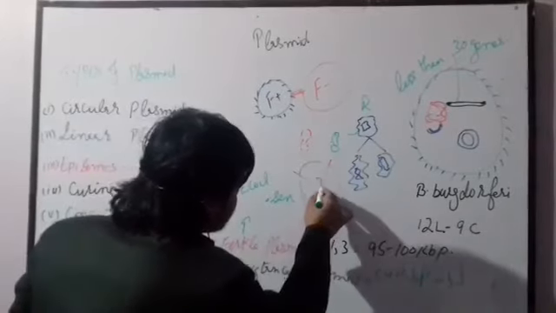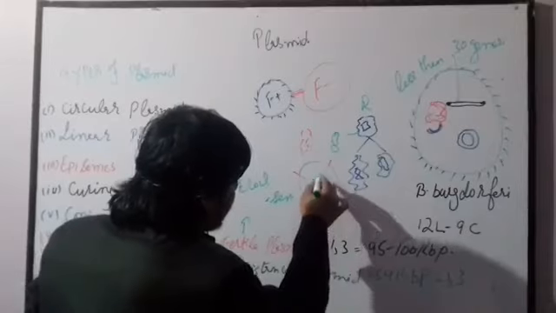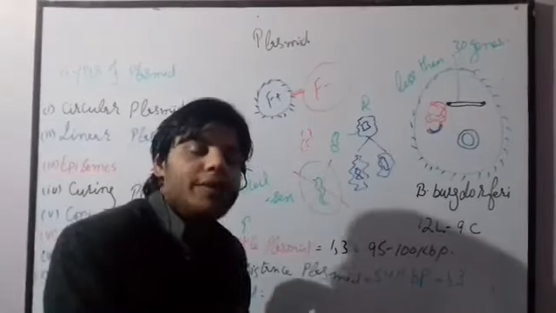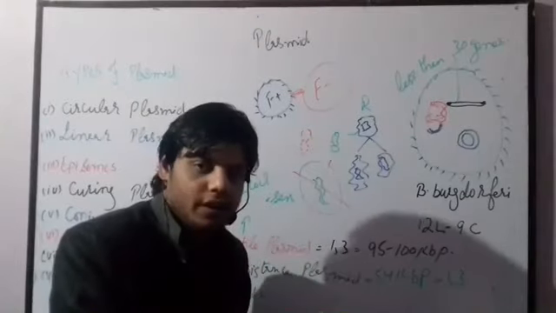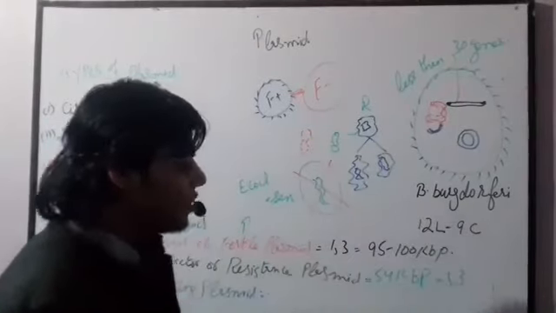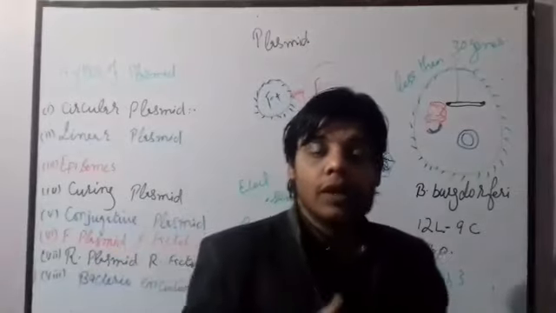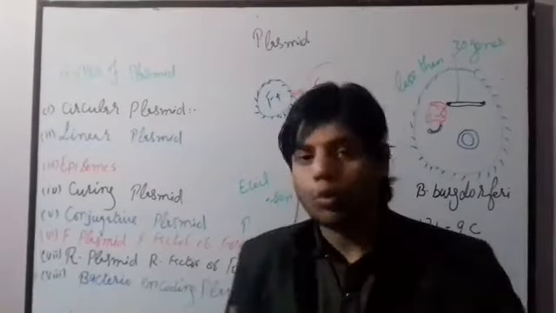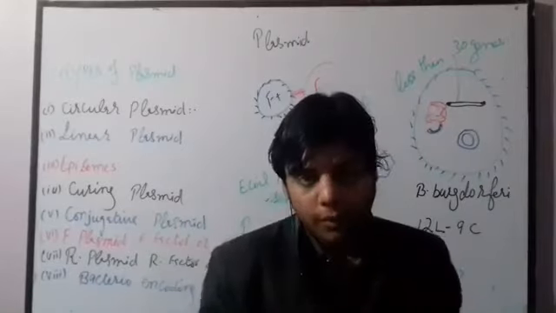Let's suppose this is the DNA material, they can also attack the DNA, means the DNA is also degraded by this bacteriocin as well. So it is very important. This bacteriocin encoding plasmid is also important for bacterial survival.